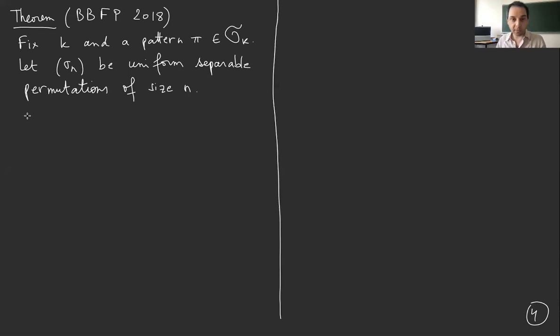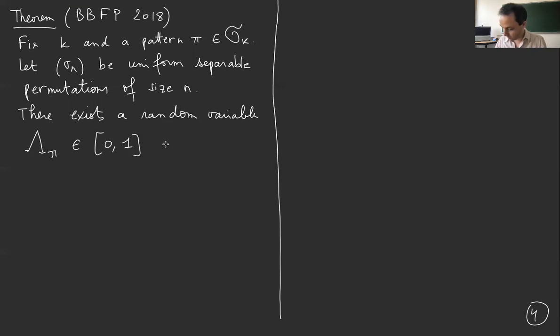Then for every pattern pi, there exists a random variable lambda pi in [0, 1], such that, we consider the number of occurrences of pi in sigma n. So this is an integer valued random variable. So it takes its values between 0 and n choose k.